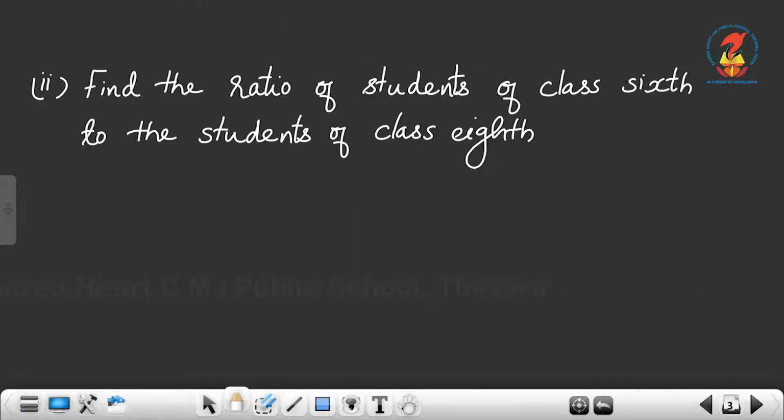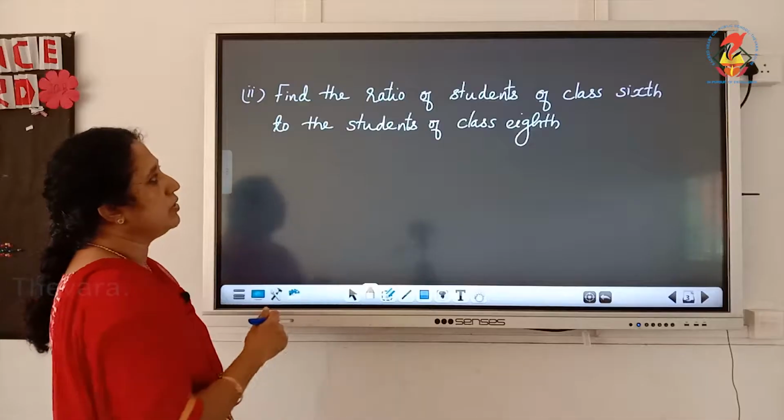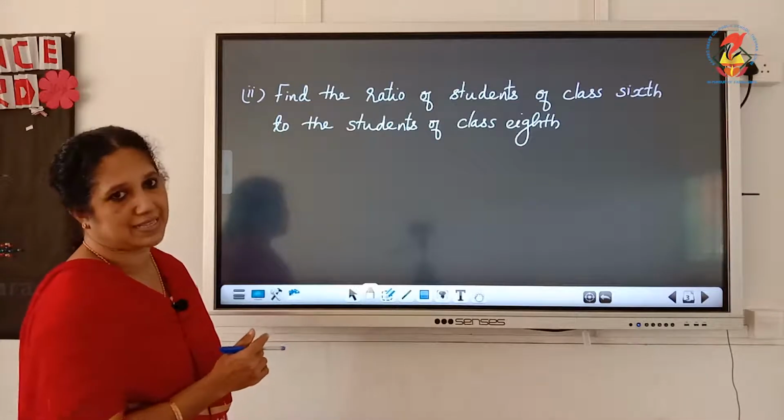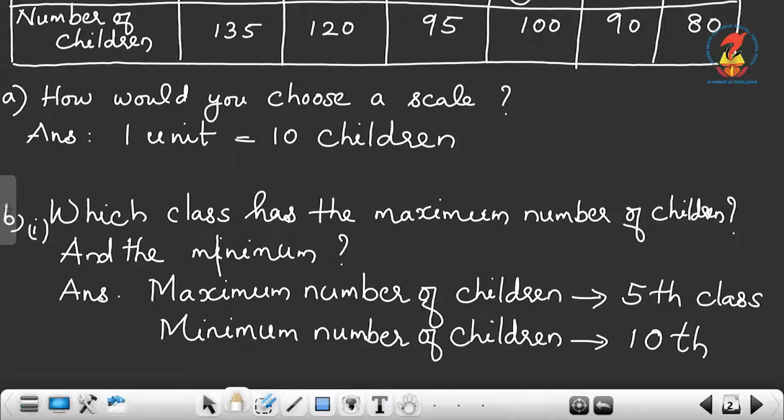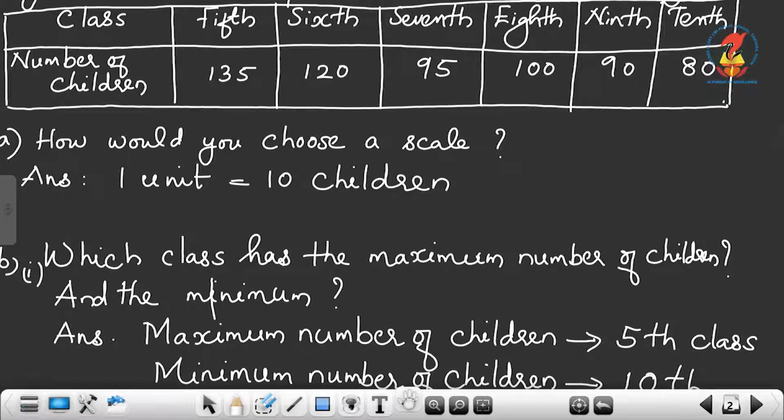Now we have one more part to answer. Find the ratio of the students of class 6th to the students of class 8th. Class 6th, how many students are there?